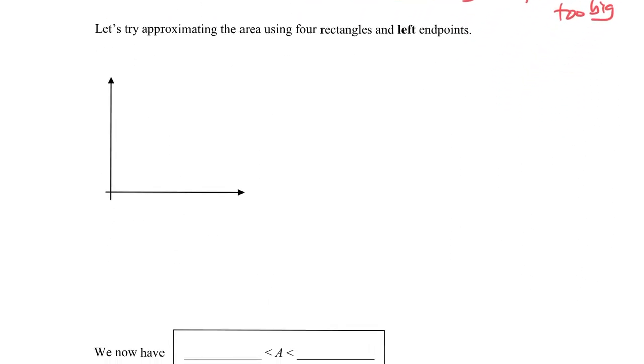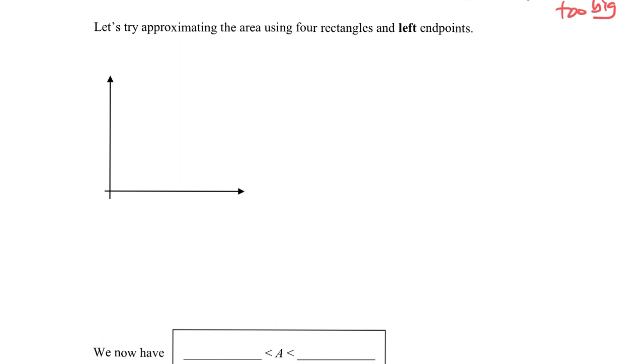Okay, so we'll use the left endpoints this time. So do the same thing. This will be 1 and 1. And draw our graph of y equals x squared. So it goes something like this.